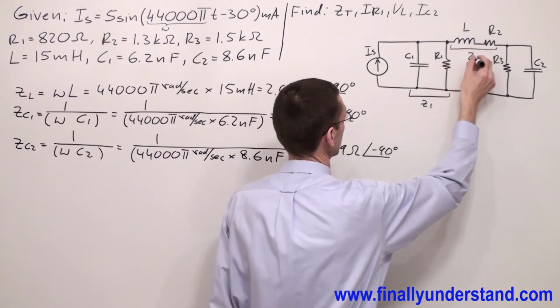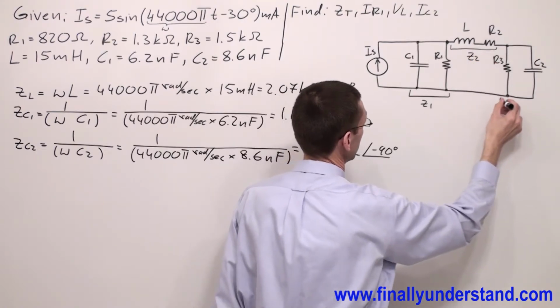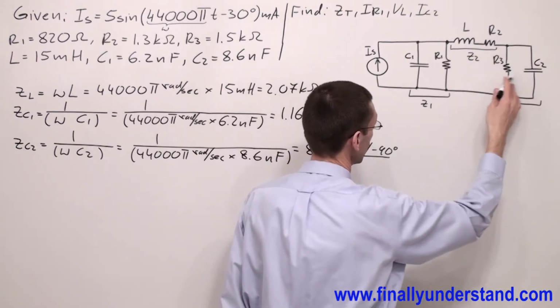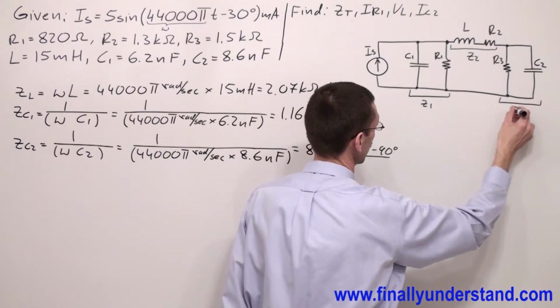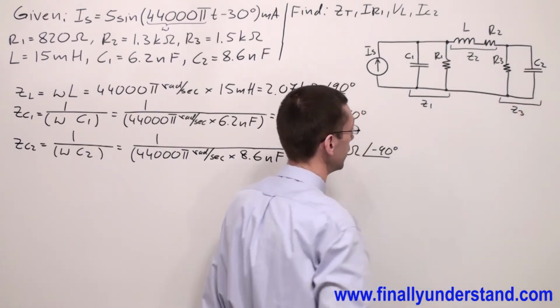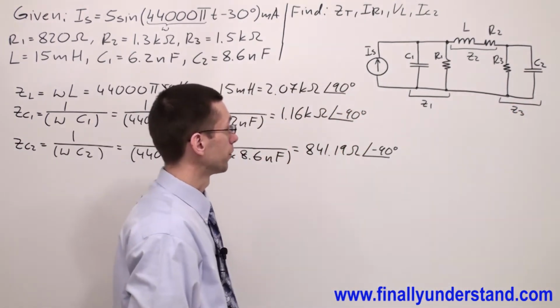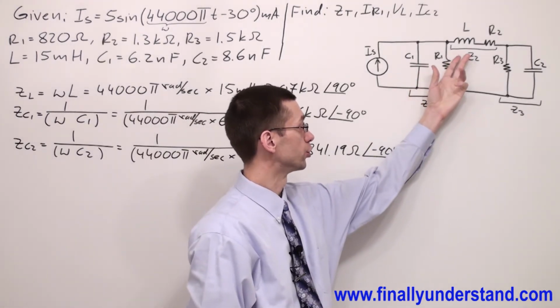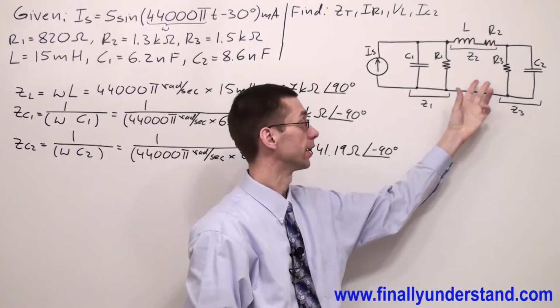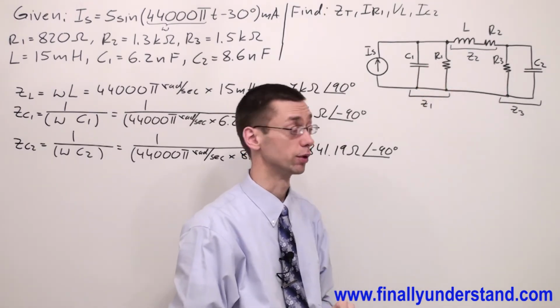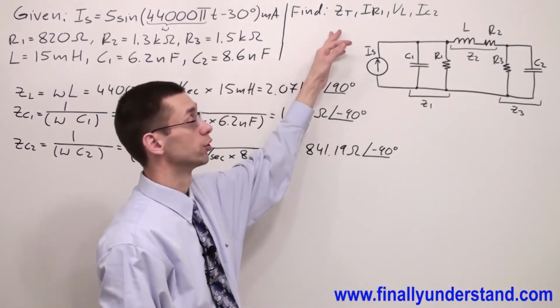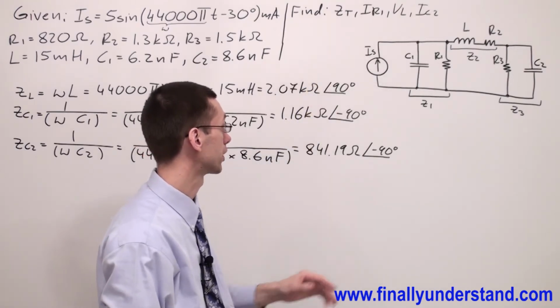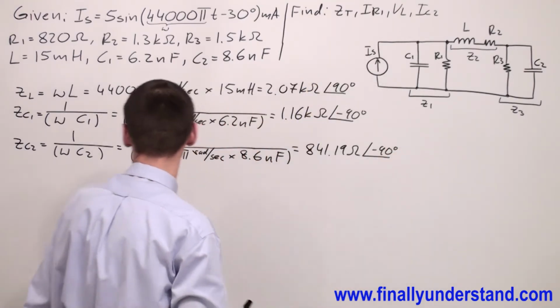I'm going to call this Z2, and these two are again connected in parallel. I'm going to call this Z3. Okay, so we have to combine these two components first, these two and these two. And at the end, we are going to combine all of them together and we are going to get Z total.